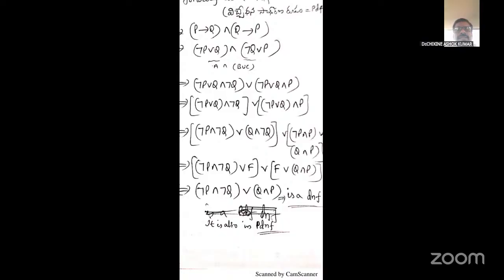It is in the form of A union B intersection C, which is A intersection C union B intersection C. Okay, so it is in the form of the right distributive law.